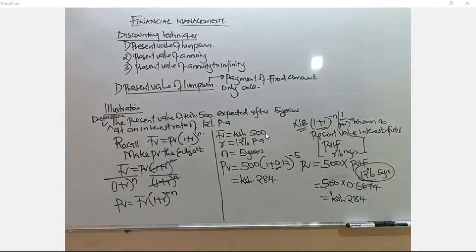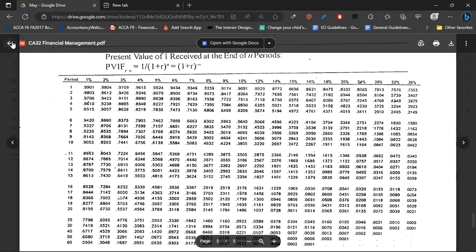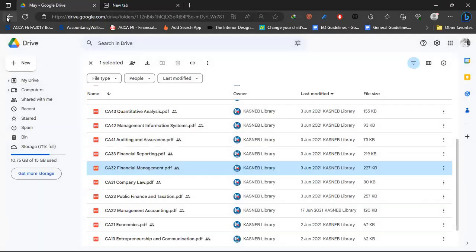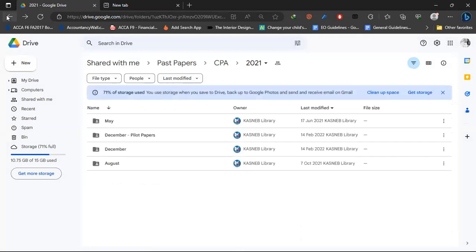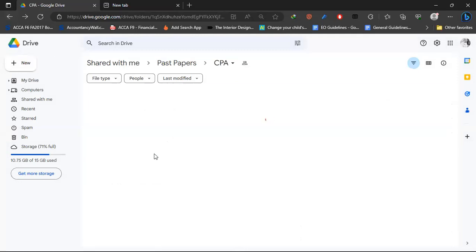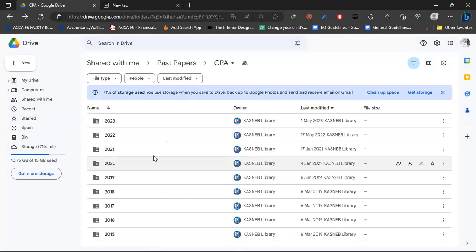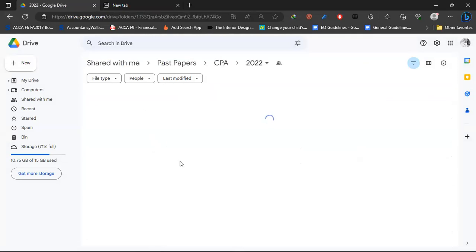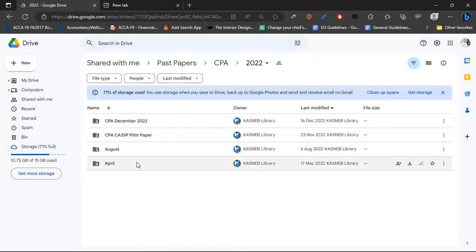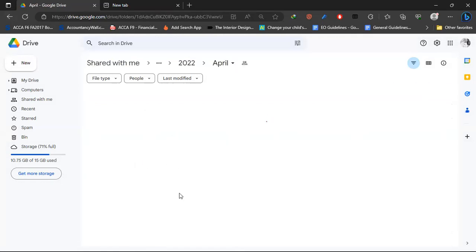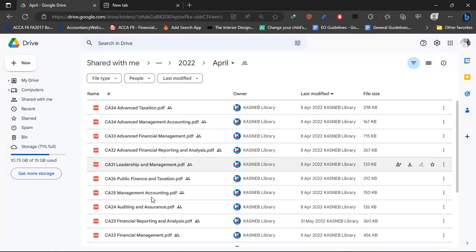So let me see whether I have a question which they brought from our past paper. Let us look at April 2022. The financial management paper will give you a leeway on how this is basically done. So let us check there.